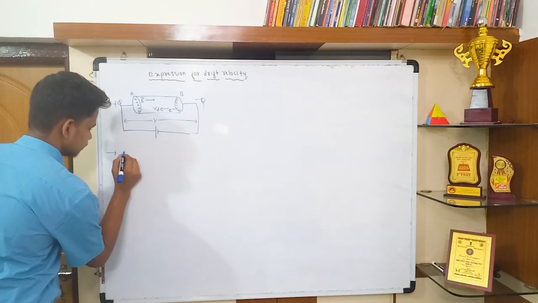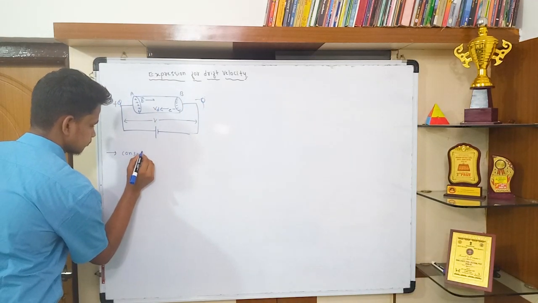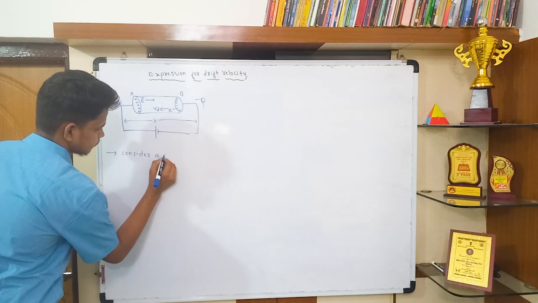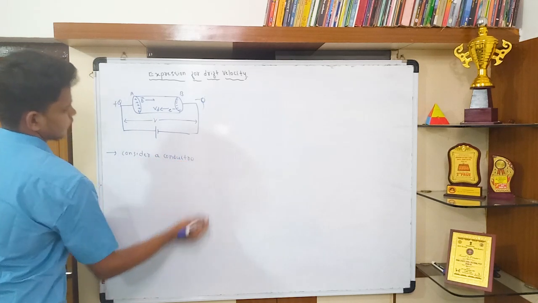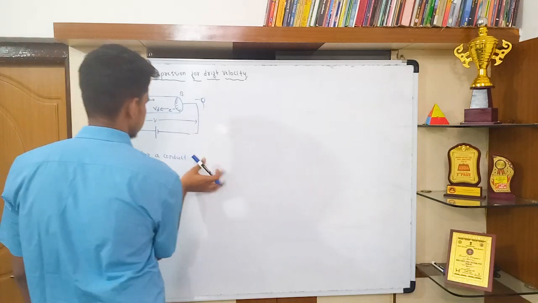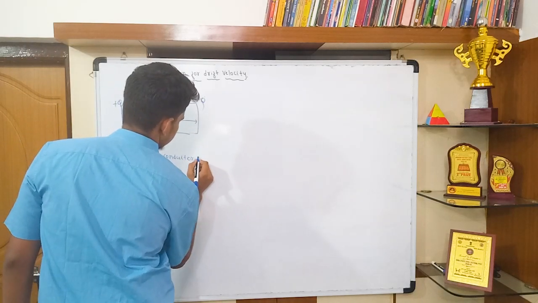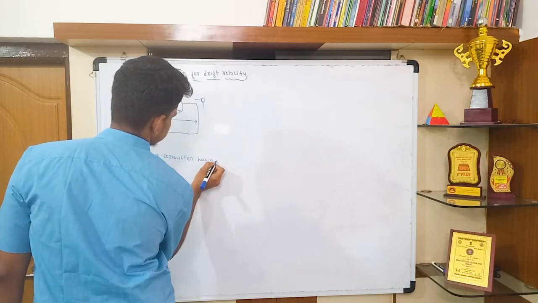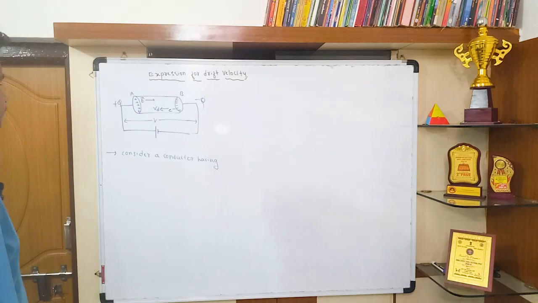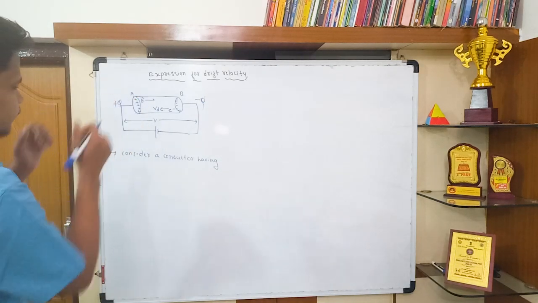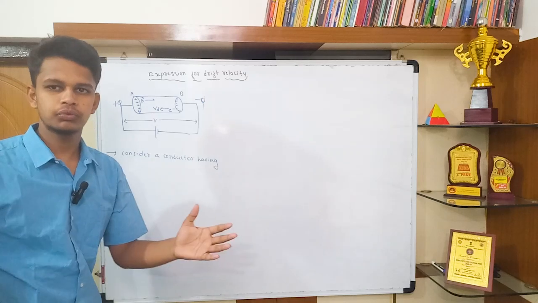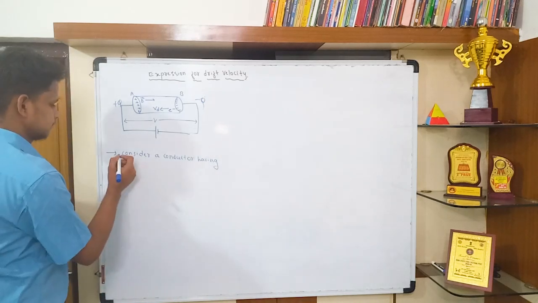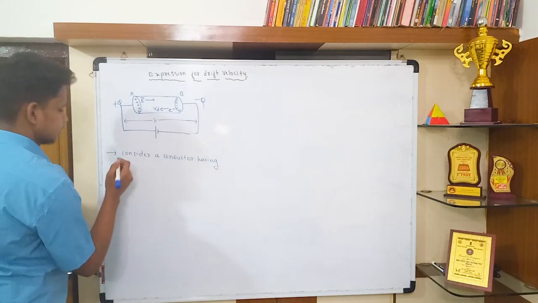Consider a conductor having a large number of randomly moving free electrons. The charges are randomly moving inside this conductor, so we write that in the sentence.